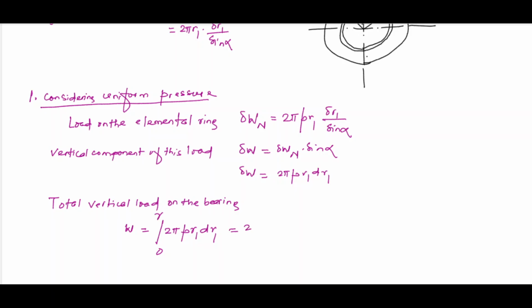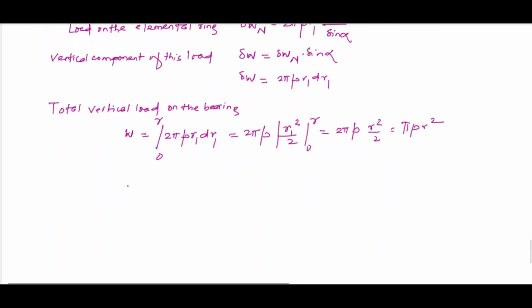So take 2 pi p out, we will have r1 square by 2 from 0 to r, which is equal to 2 pi p r square by 2, that is pi p r square. Or you can say that intensity of pressure p is equal to W by pi r square.